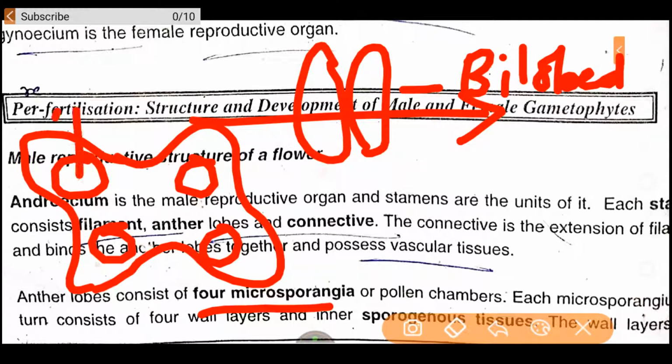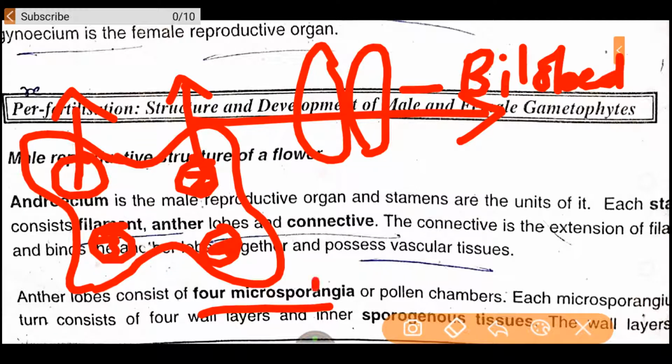Therefore, this is one microsporangium, this is one microsporangium. So one, two, three, four: four microsporangia, or these are called pollen chambers.